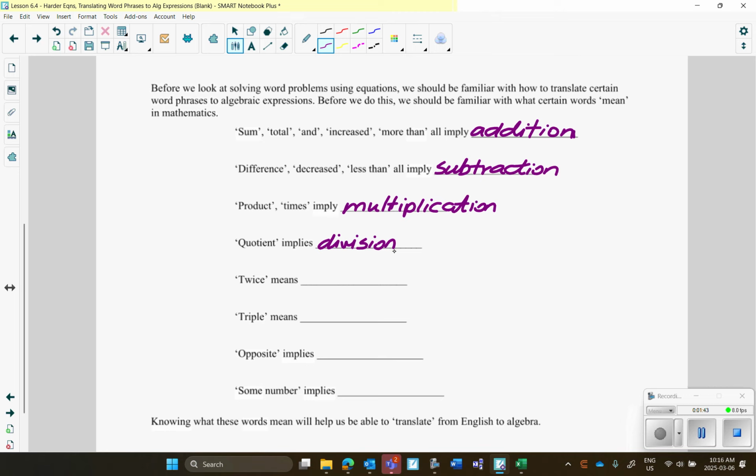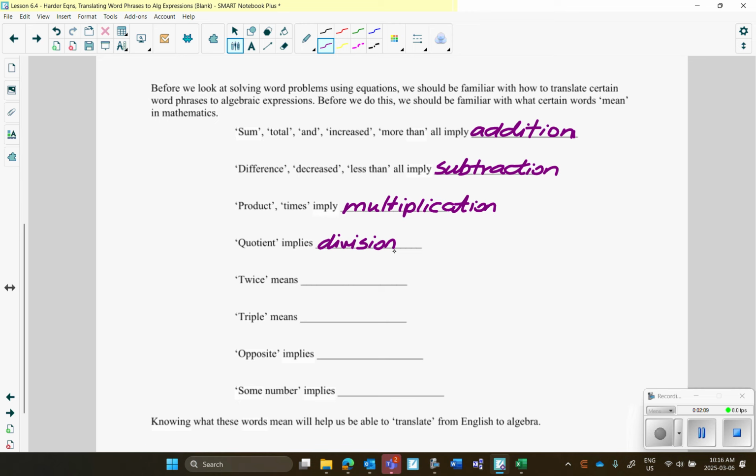Twice. Doubling, not squared. When you double something, it's not exponents. Like if I double 10, what do I get? Which is what in math?